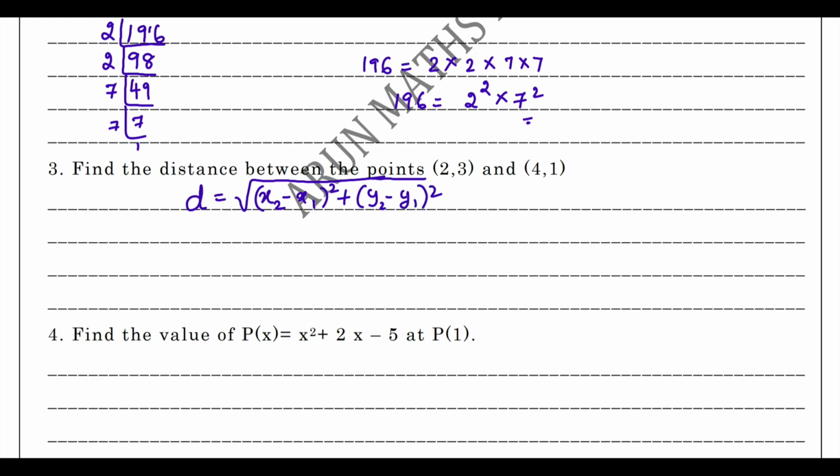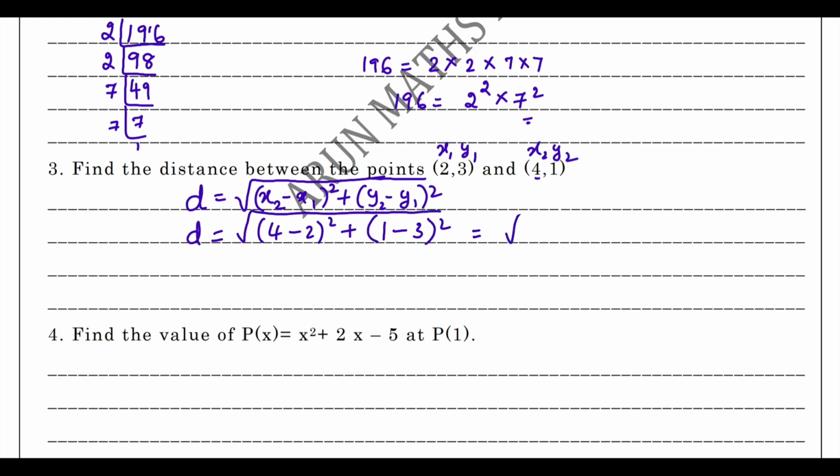Now take 2, 3 as x1, y1 and 4, 1 as x2, y2. Now d equals, what is the value of x2? x2 is 4, that is 4 minus x1 is 2, that is 4 minus 2 whole square plus, what is y2? y2 is 1 minus y1 is 3 whole square.